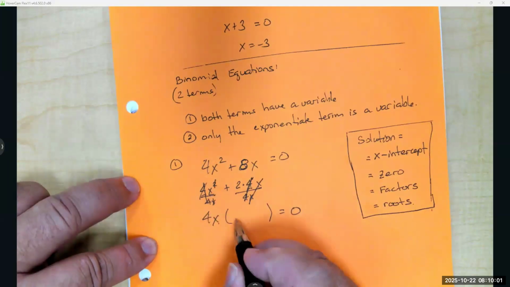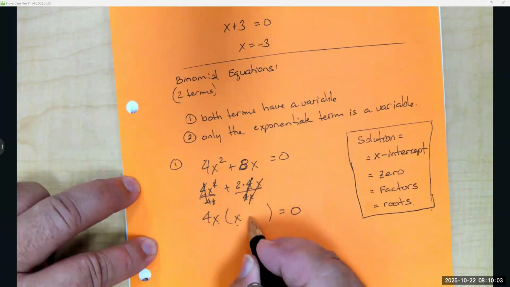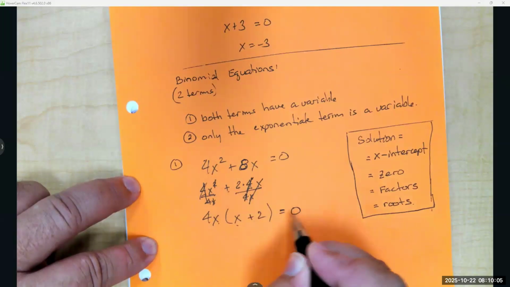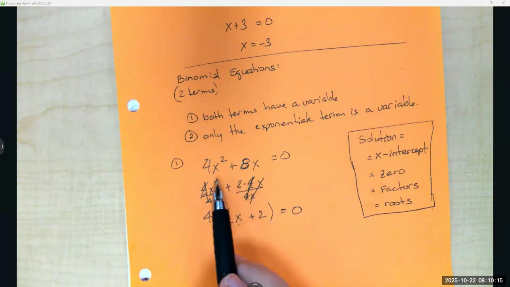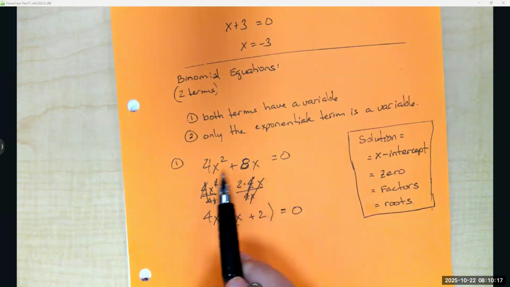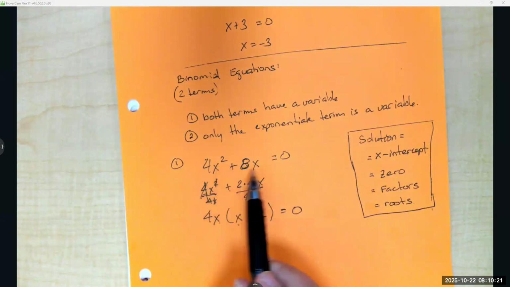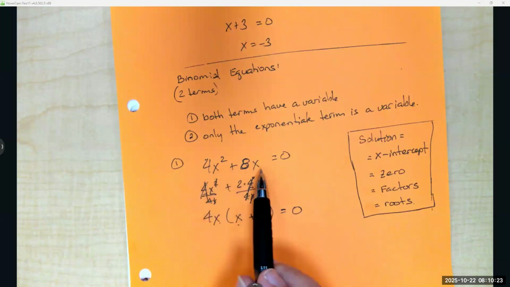I have an x plus 2. So there's my factored portion of it. Remember, what kind of equation is this? From the library functions, what kind of equation is this?